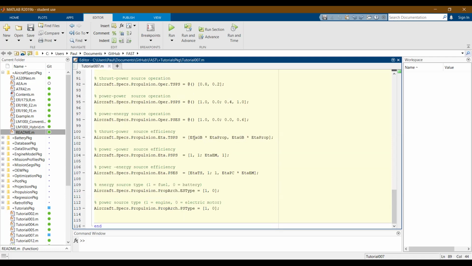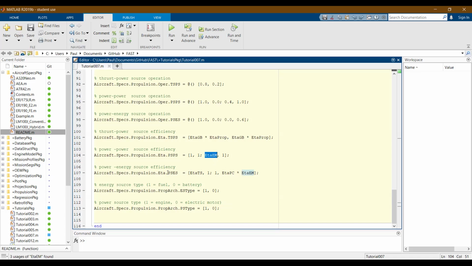So again, for the thrust source power source connections, we run into the gearbox and propeller. So we multiply them together for both sources. In the PSPS matrix, again, the turboshaft engine is driving the electric motor. So we consider that efficiency here.